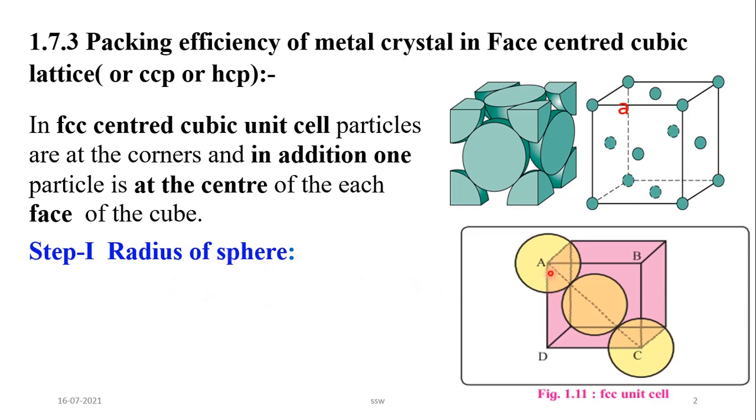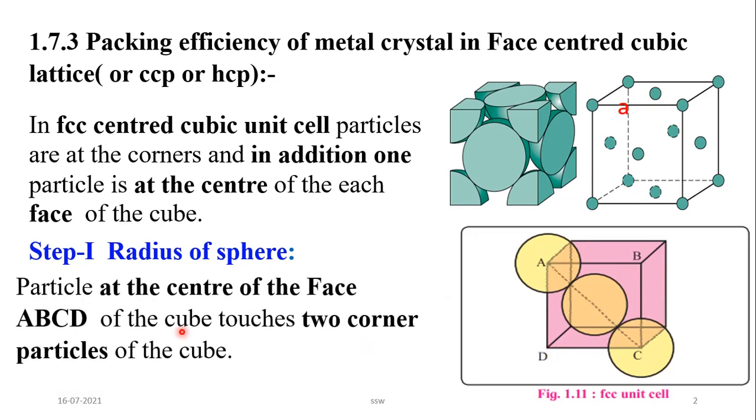So here consider this is the face centered cubic unit cell, and consider here this is the front face of this face centered cubic unit cell, that is A, B, C and D. Now what happens here?